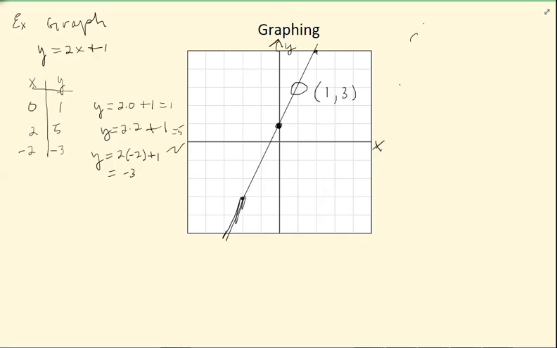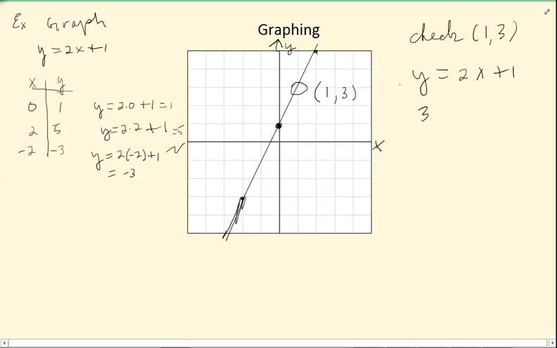Let's check it. We have our equation, which looks like this. And let's put in, we have a 3 for the y and a 1 for the x. This right-hand side is 2, and 2 plus 1 is 3. So it does check. Look at that. Okay, so yeah, we do have the line here, and we can pick off all solutions along here, an infinite number of solutions.